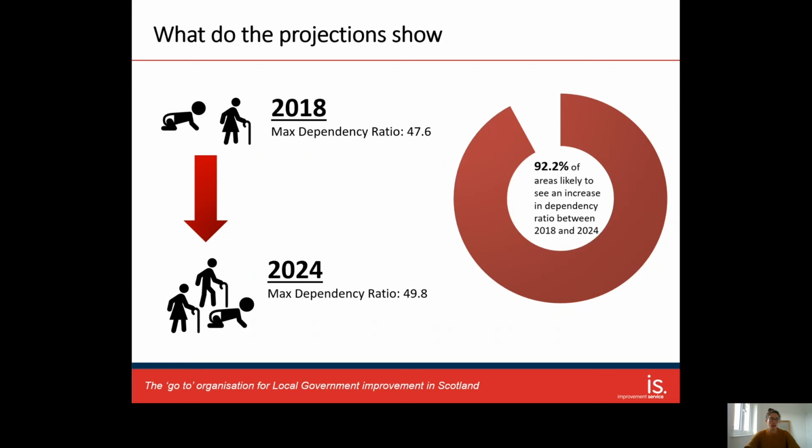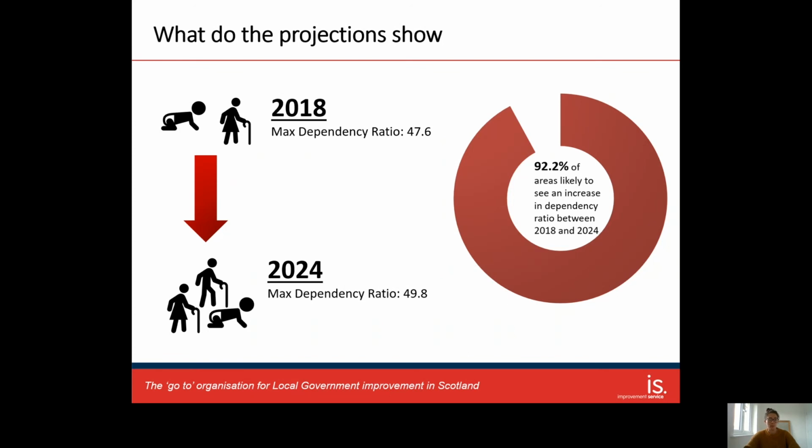So it just shows you that overall you're seeing a trend where there's a higher proportion of your population that are needing support from services and could put demand on resources as such. Across all of those areas that we projected, 92.2% of the areas were likely to see an increase in dependency ratio between 2018 and 2024.